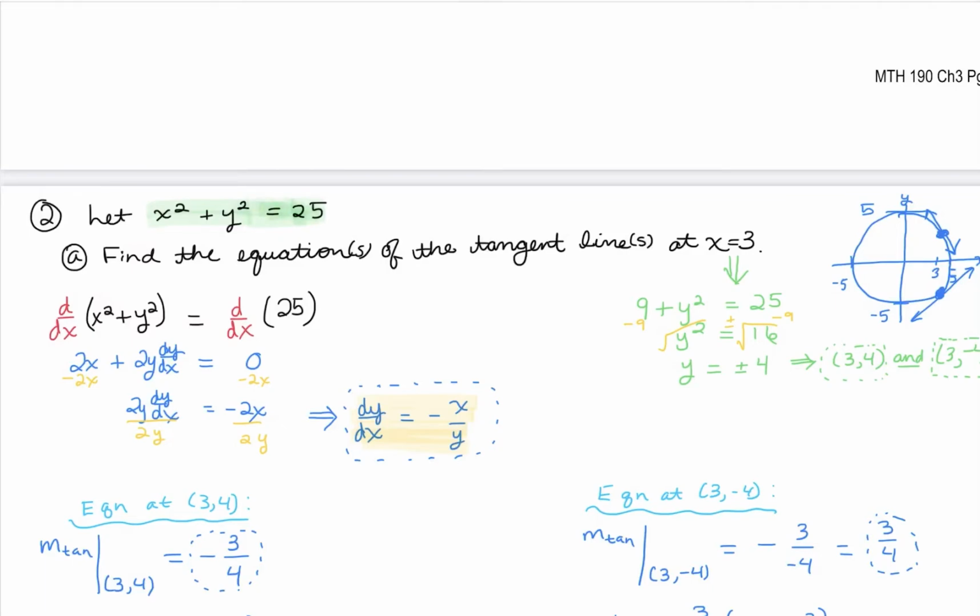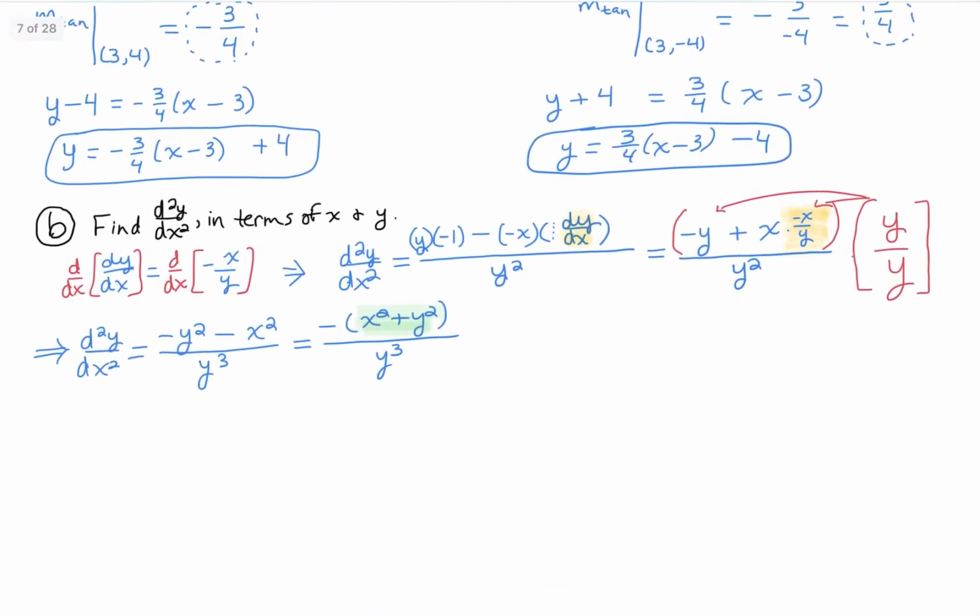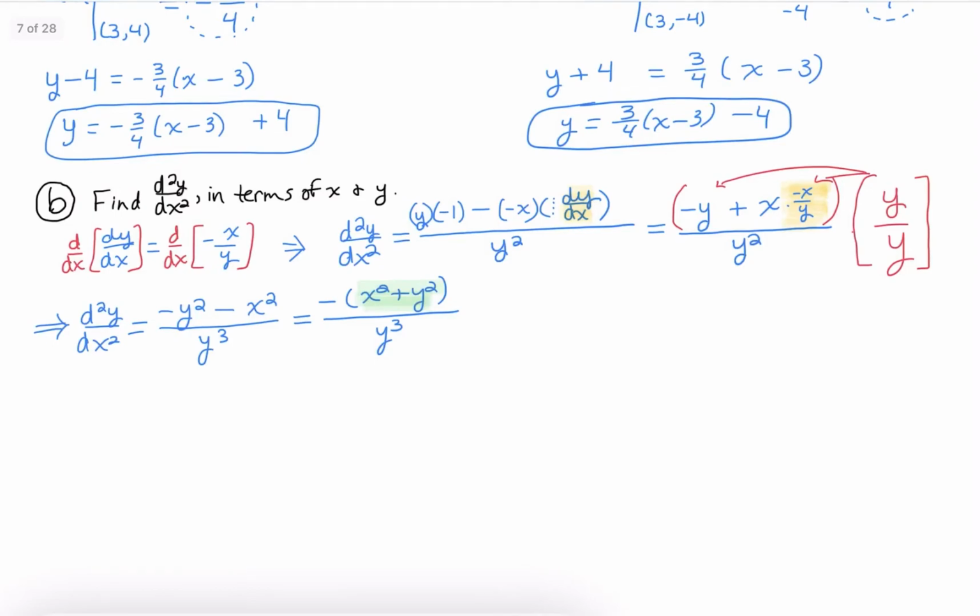So in this problem, this won't always happen, of course, but we get a really neat simplification, in that we can replace that quantity x squared plus y squared with 25 by the original equation. That's where that 25 came from. So here's a really simplified form of my second derivative. They won't all be that nice, but that one sure did simplify nicely.